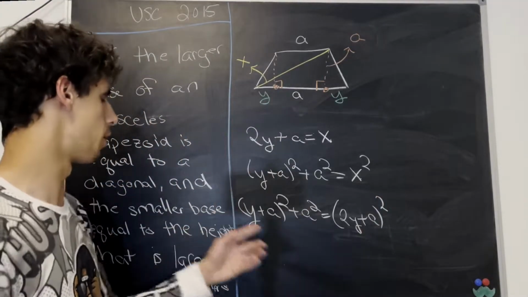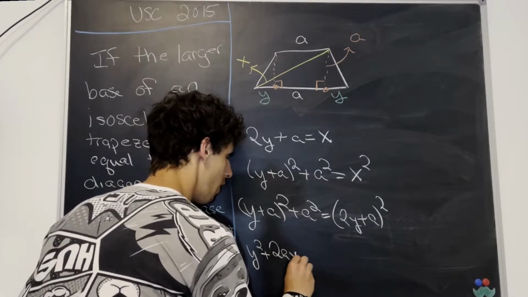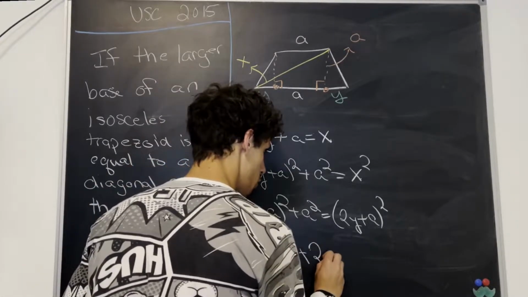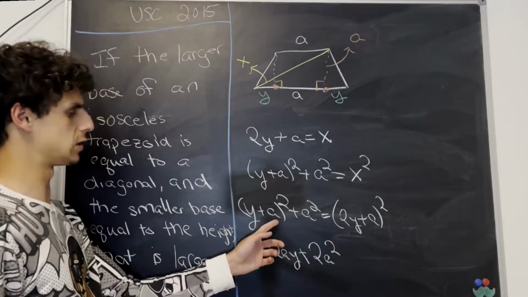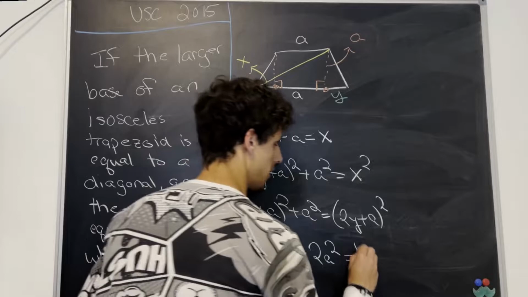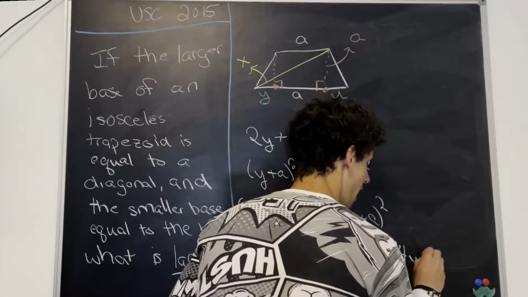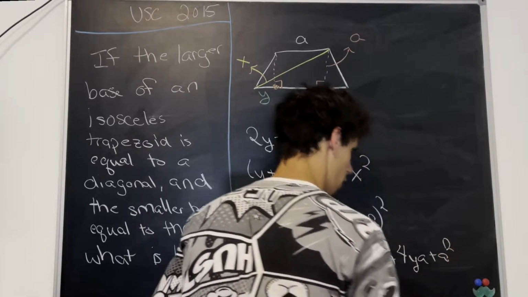Now let's expand both sides of this. We'll have y squared plus 2ay plus 2a squared, by combining the a squared from this expansion with this a squared here. And then we'll get 4y squared plus 4ya plus a squared over here.